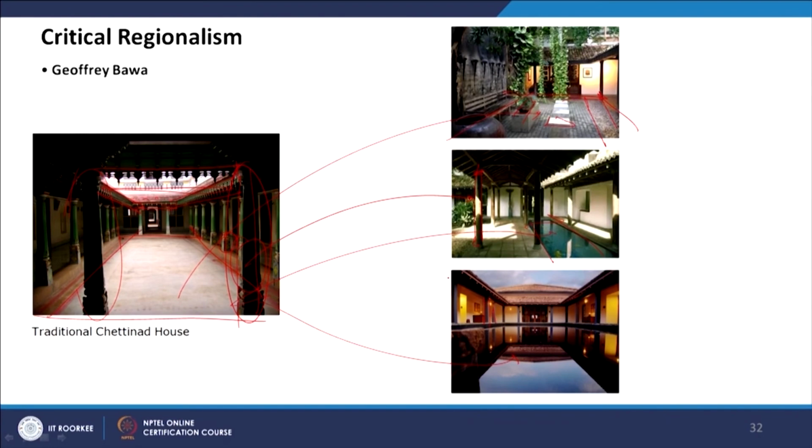From circle, it is becoming a cuboidal column, but you can see a clear connection to the Chettinad style column. And the ornamentations in the eaves are changed into a very minimal way of ornamenting. Because of the battens coming in the front, you see a little hint of ornamentation, but it is not exactly an added ornamentation in his design.